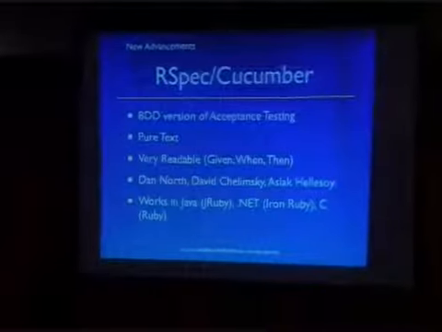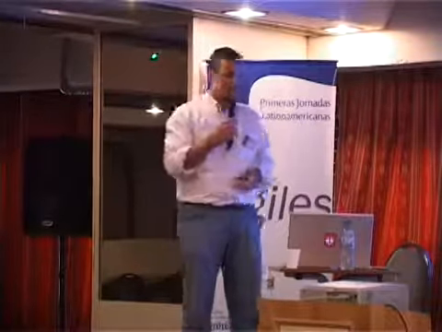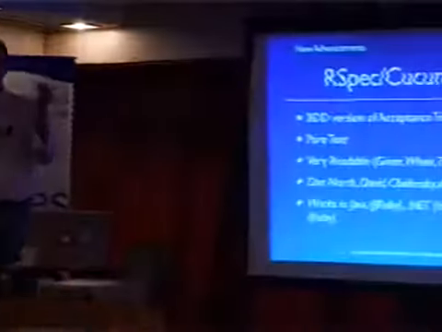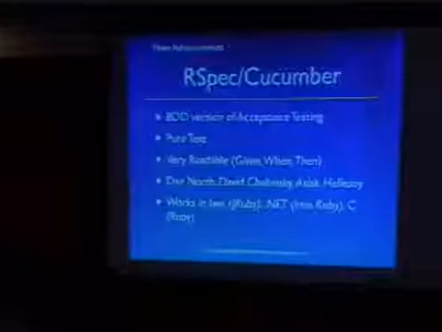The other thing you should look at is RSpec and Cucumber. This is the BDD, Behavior-Driven Development version of acceptance testing. BDD is the new fad, especially in the Ruby world. What it offers is a syntax which is pure text, no tables, you just write text. It's very readable. Your tests all have the same format.